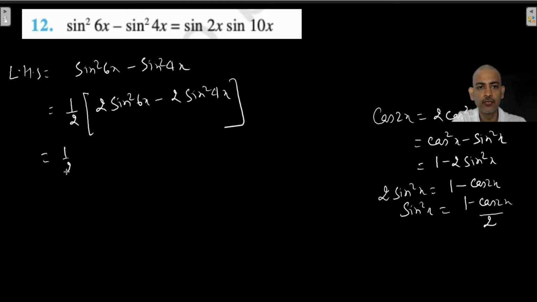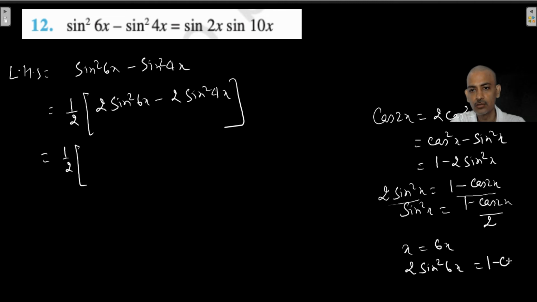Now looking at the formula, we have 2 sin square x is nothing but 1 minus cos 2x. So 2 sin square 6x will be what? Instead of x, we put 6x, then we get 2 sin square 6x equals 1 minus cos of 2 into 6x, which is 12x. So 1 minus cos 12x, right?